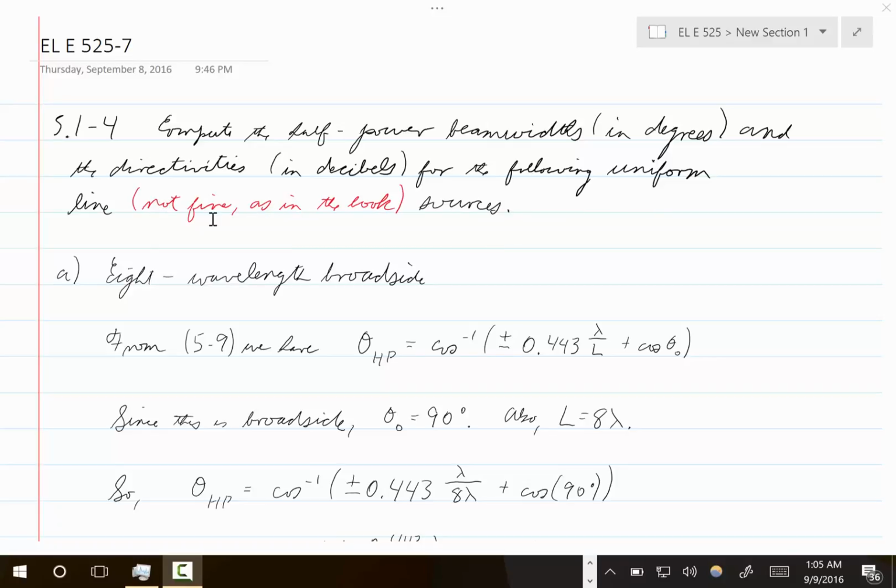The textbook has a misprint and calls it fine sources, but that's not some new thing that we haven't learned about. It's just a misprint, and it's supposed to be line sources. So in the A part of this problem, we're looking at an 8 wavelength broadside line source. And so let's see how we would proceed in this case.